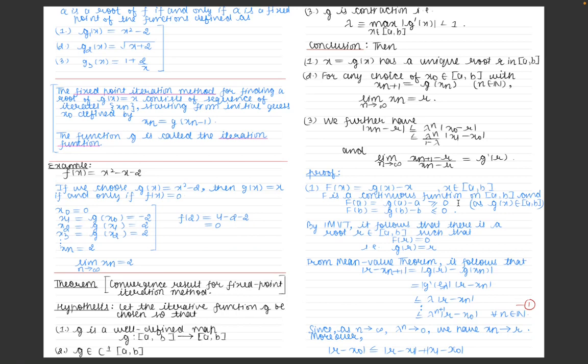Then from again mean value theorem, what do we have? f of r1 minus f of r2 upon r1 minus r2 will be equal to some f dash zeta, with zeta belonging to (r1, r2).